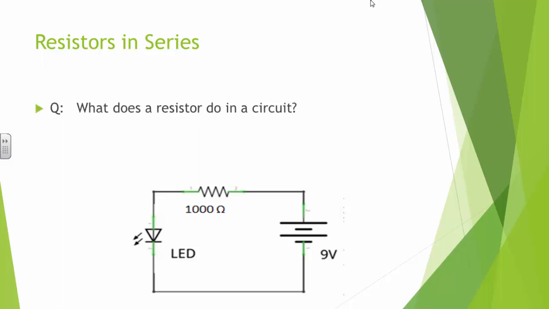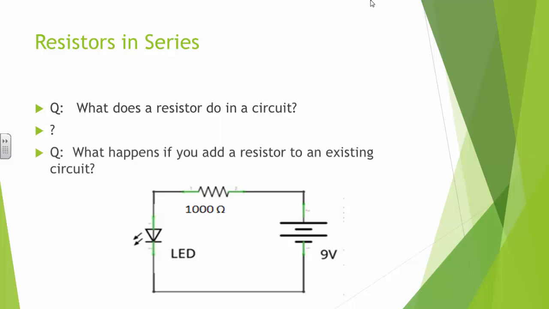So, resistors in series. Before we begin, think about what a resistor does in a circuit. There are two very good answers to this question, and one of them is going to be particularly useful today.